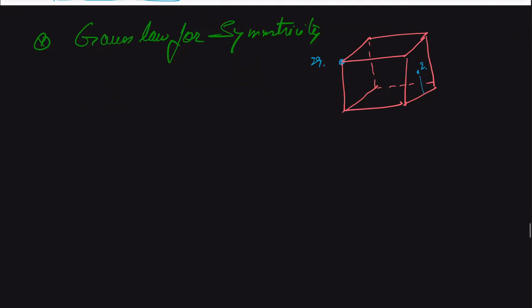First of all, we are going to focus on this 2q, and for that we are going to draw our 8 cubes.